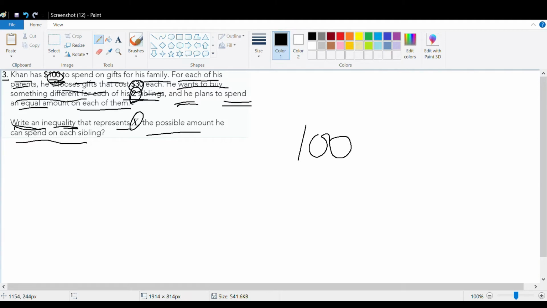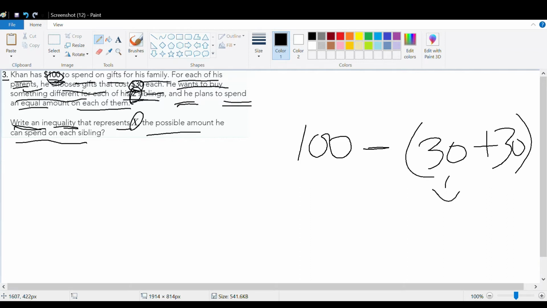And we already know that he is going to spend $30 on each of his parents. So we can write minus 30 plus 30, because this is parent 1, this is parent 2. You combine all of that, and it is the total amount of money he's going to spend on both of his parents.